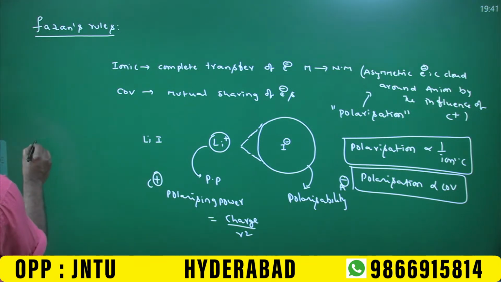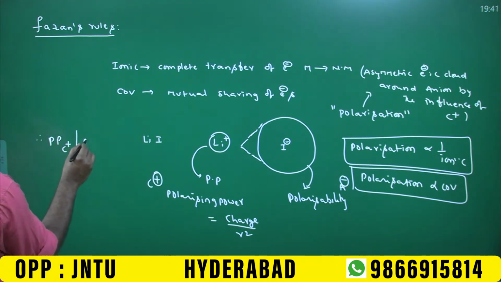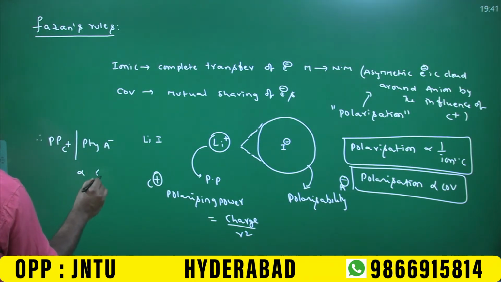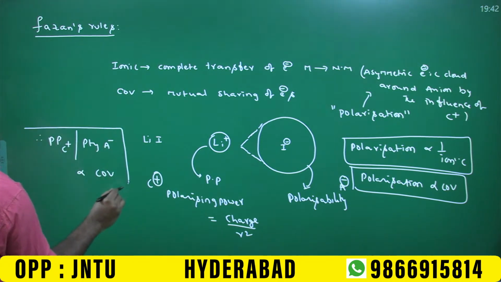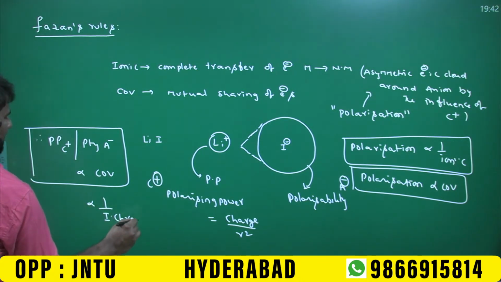So we can write: polarizing power of cation or polarizability of anion is directly proportional to covalent character and inversely proportional to ionic character. రాసుకోండి.